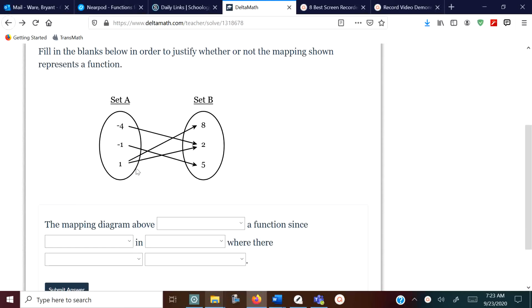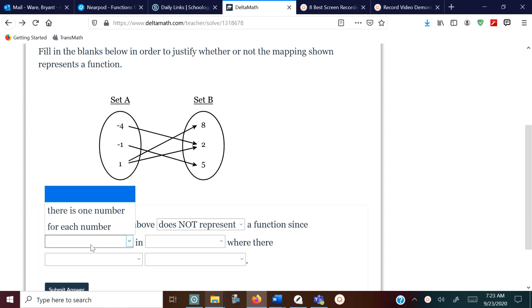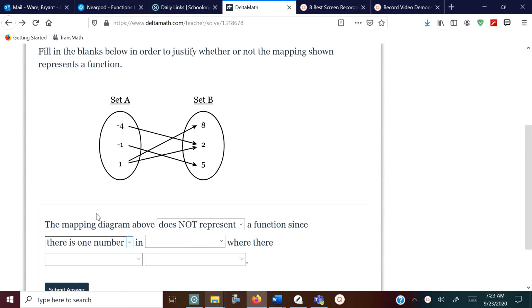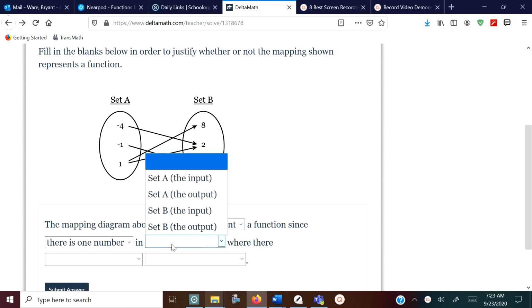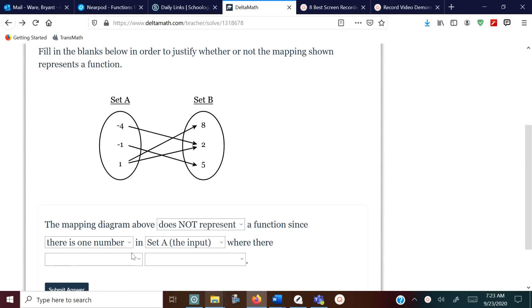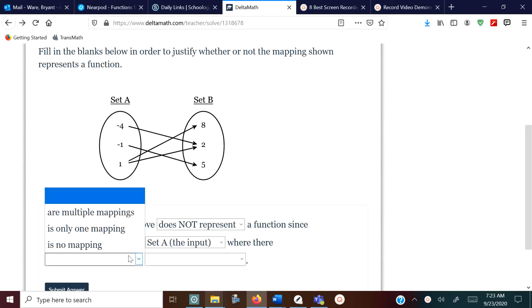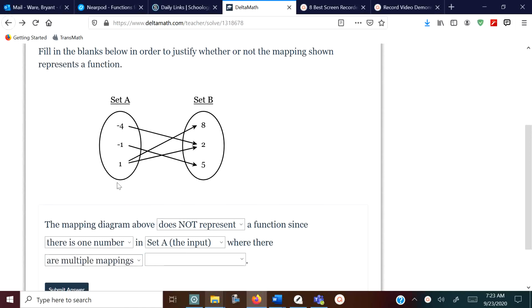So the first part is it does not represent a function, since instead of saying for each, we're going to say there is one number in set A, which is the input, where there are multiple mappings, and that one number, number 1, has multiple mappings, 1 and 2. As soon as that happens, it's no longer a function. That goes to set B, which is the output.